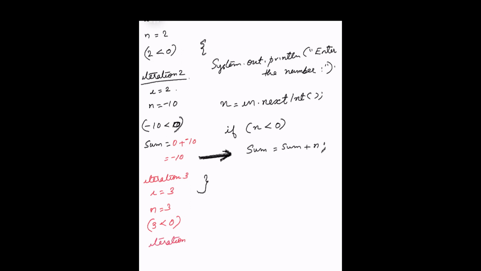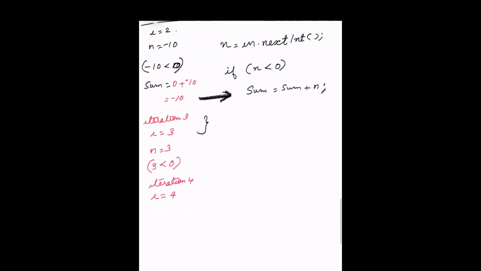Iteration 4. In iteration 4, i becomes 4. So what is the n value? It is waiting for an input. So you have to give me a value for n quickly. -5. Okay. So -5 is less than 0. Condition is true. Since the condition is true, the value of sum is -10 now.